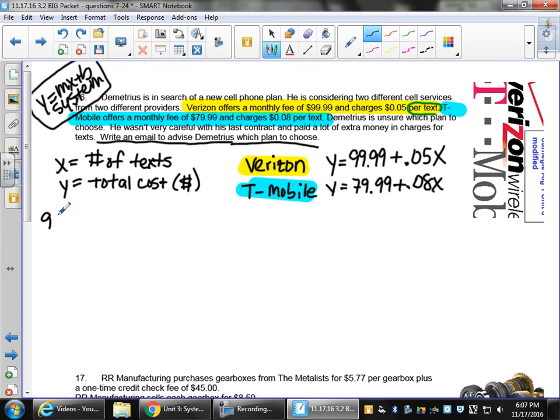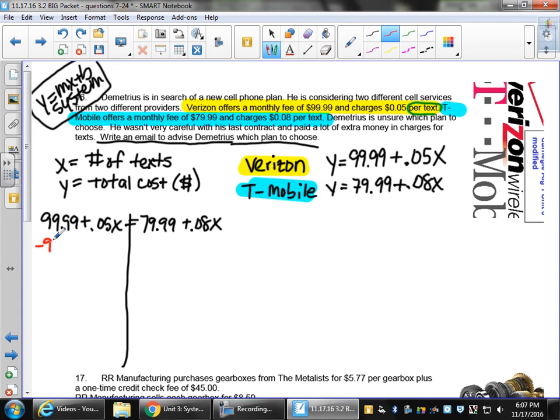So this will be $99.99 plus 0.05x equals $79.99 plus 0.08x. We want to gather all of our x terms to the left, numbers to the right. So go ahead and pause if you need some time to wrap this one up before we compare answers.